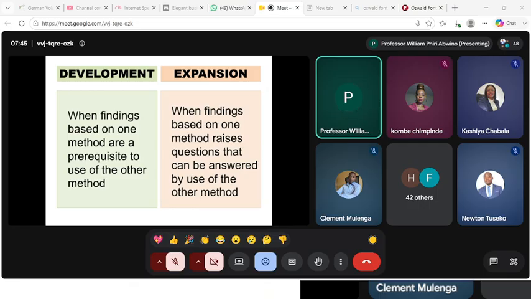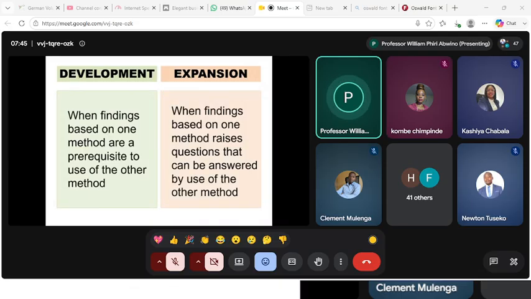Expansion, okay, when findings based on one method raise questions that can be answered by use of the other method.